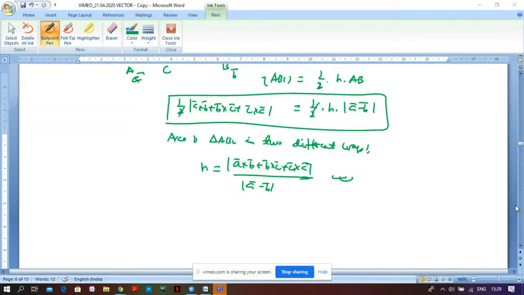And once the area of the triangle was there, we found half into base into height, and then we were able to find the height in terms of that.